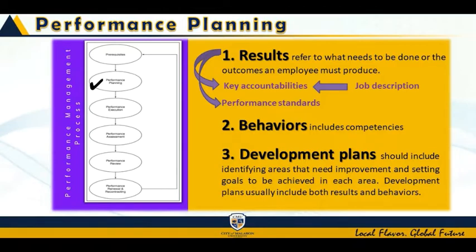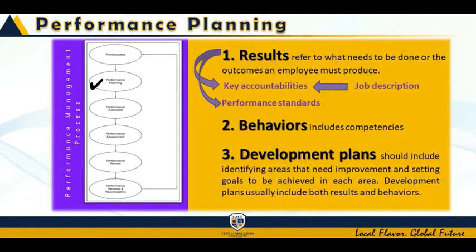This discussion of results needs to include key accountabilities, for example, broad areas for which an employee is responsible, with a specific objective for each key accountability. This is the goals to be reached and performance standards, or what constitutes acceptable and unacceptable levels of performance.